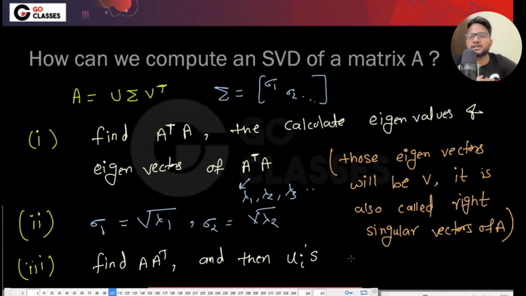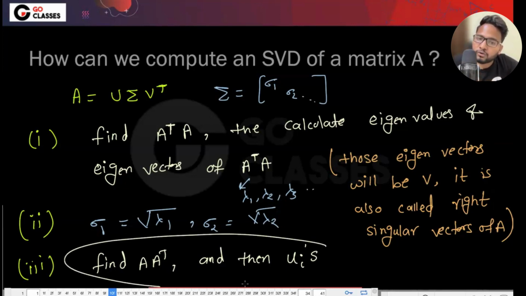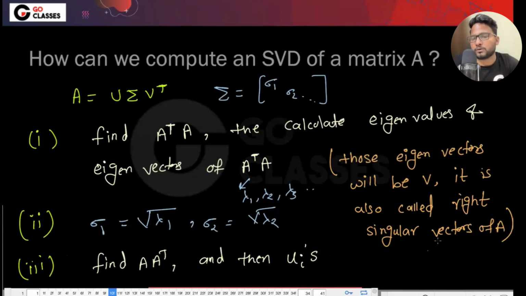So these are the three steps. Got it? Let's do some practice, and then we will see that the third step is not really necessary, in the sense that we can find this U using some shortcut also. Let's see if there's a shortcut.